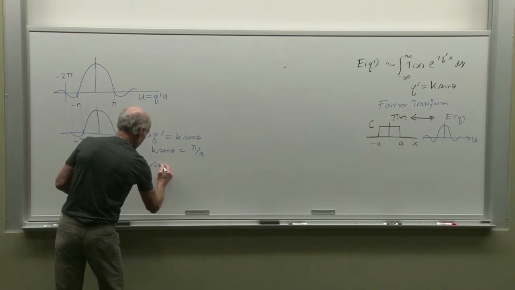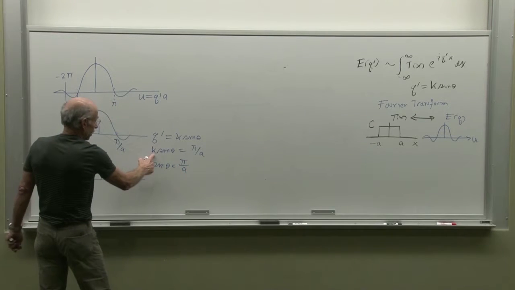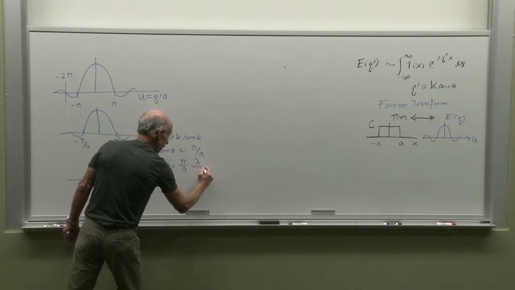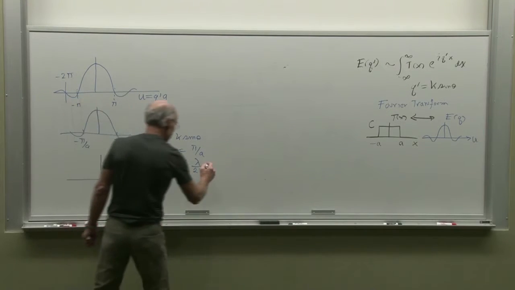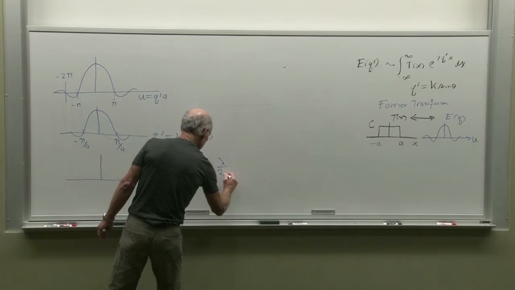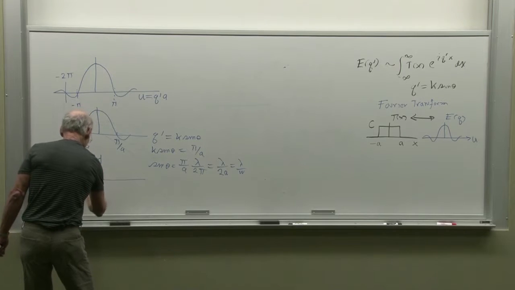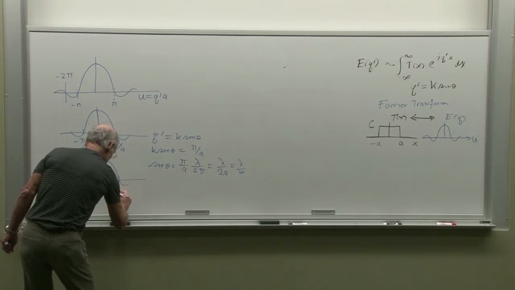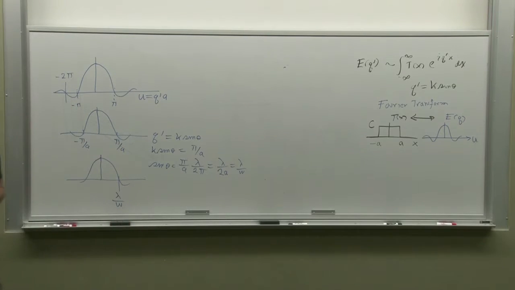Solving for sine theta, I got pi over a times lambda over 2 pi, correct? And then of course we get lambda over 2a, which is lambda over the width of the slit. So that's lambda over W. And of course, that's the answer that we typically remember when we talk about diffraction. So there's three different perspectives on the whole thing.